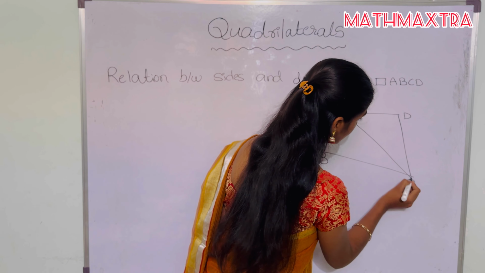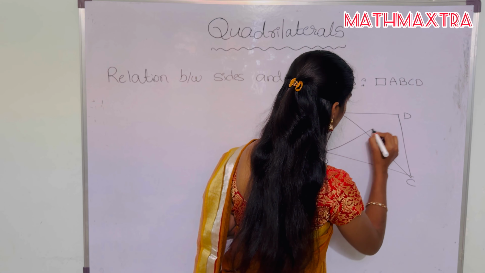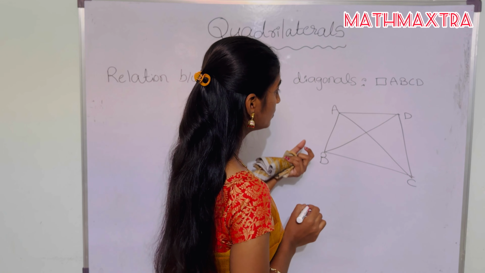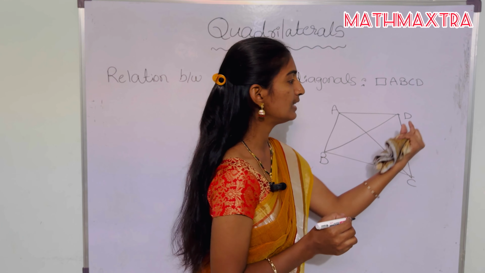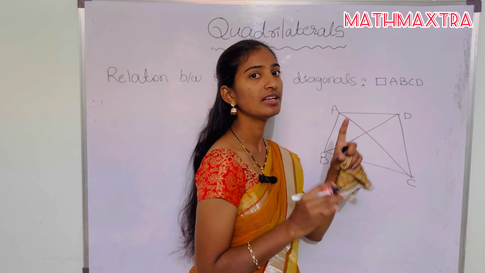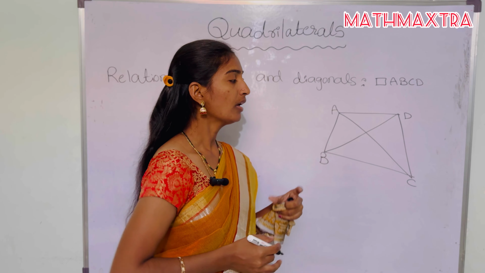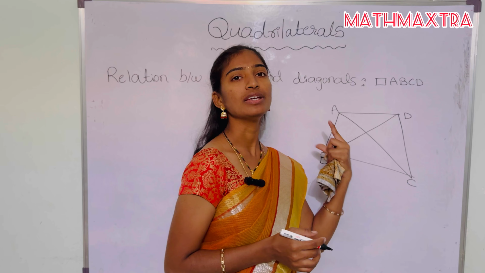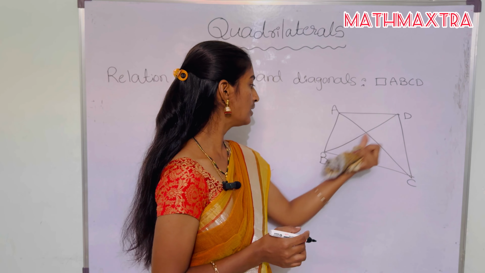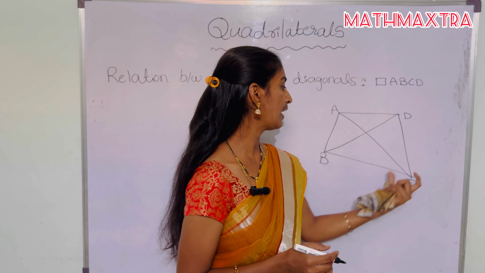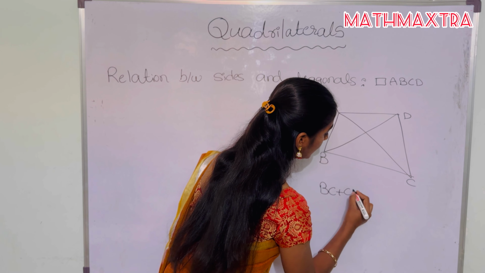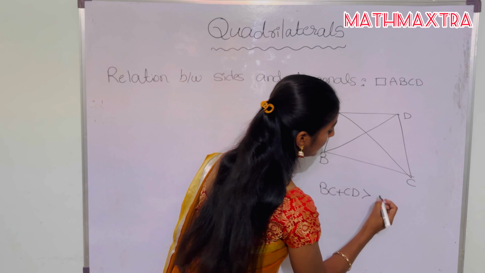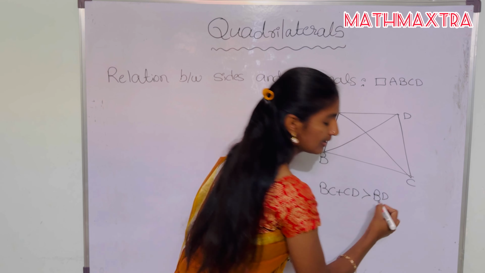This is diagonal AC and this is diagonal BD. Now see, you consider this triangle first, triangle BCD. What happens in the triangle? We know the sum of two sides is always greater than the third side. If you consider this triangle BCD, what happens? This BC plus CD is always greater than BD, isn't it?